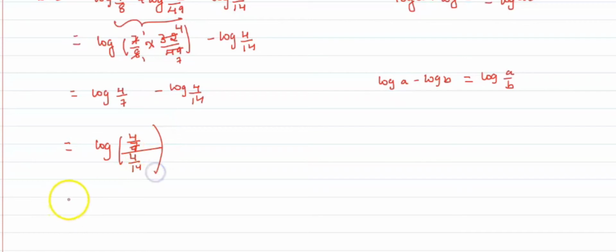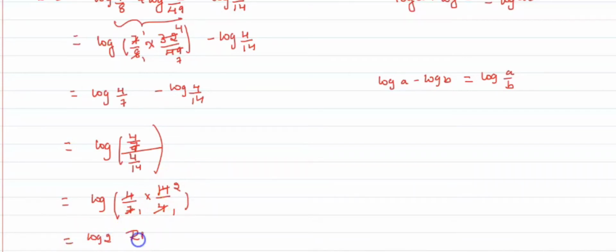You have multiple divisions, so I'll write the reciprocal of the second fraction: 4 by 7 multiplied by 14 by 4. The 4s will get cancelled, 7 ones are 7, 7 twos are 14. So what is left is log 2, which is your RHS.